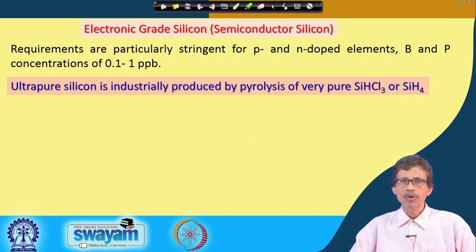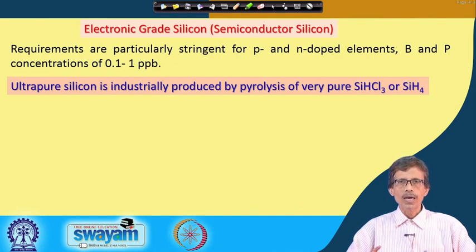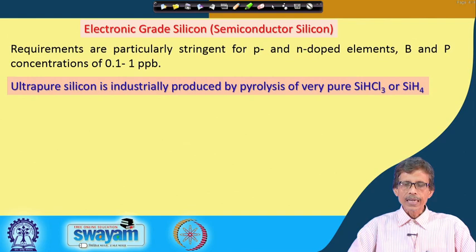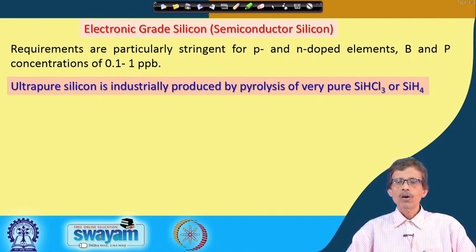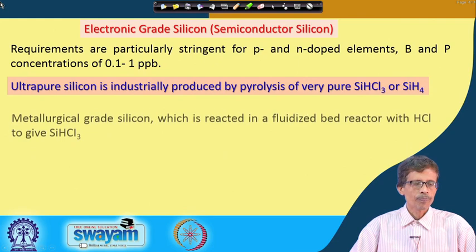It is the way we get carbon from methane, or from natural gas sources or any other hydrocarbons. So, getting carbon from hydrocarbon material is similar to getting silicon from the corresponding compounds, which are nothing but your SiHCl3 or SiH4 molecule.